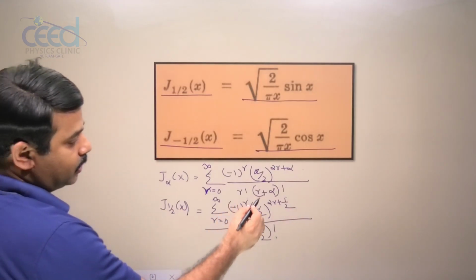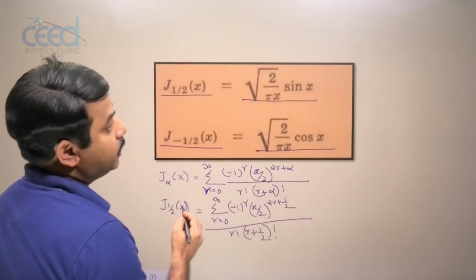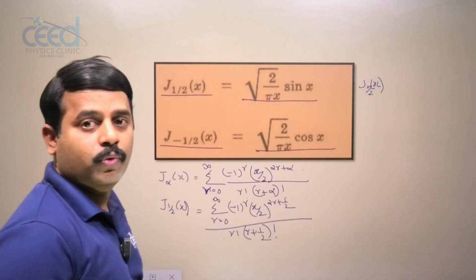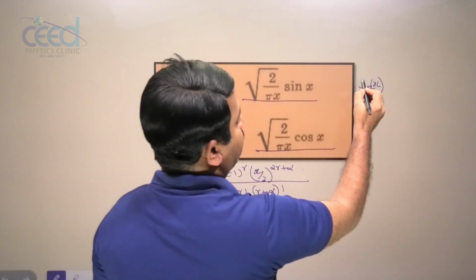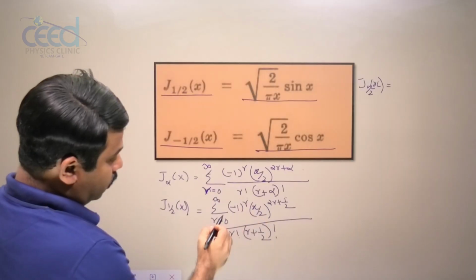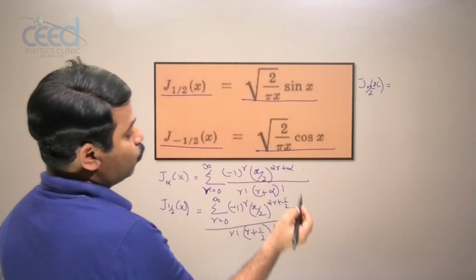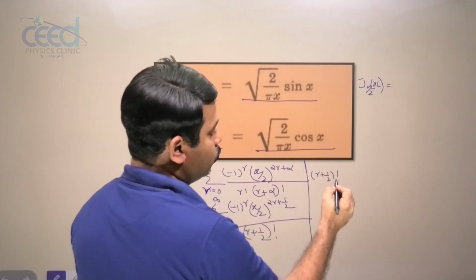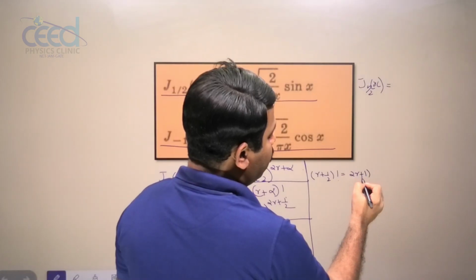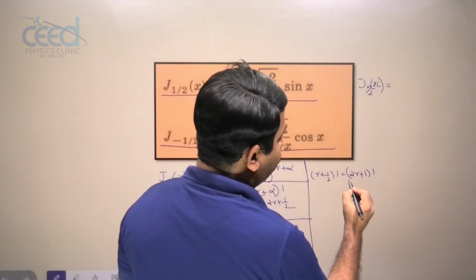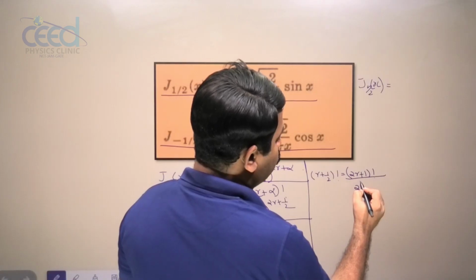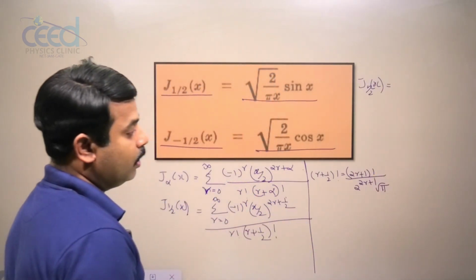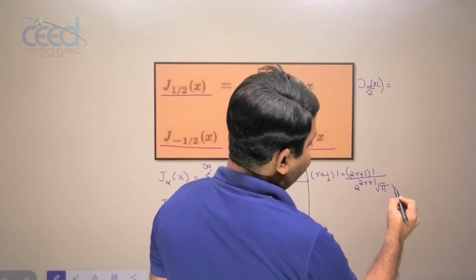J1/2 of x is equal to, what I can write, see r plus 1 by 2 whole factorial is equal to 2r plus 1 factorial divided by 2 raised to 2r plus 1 into root pi into r factorial.